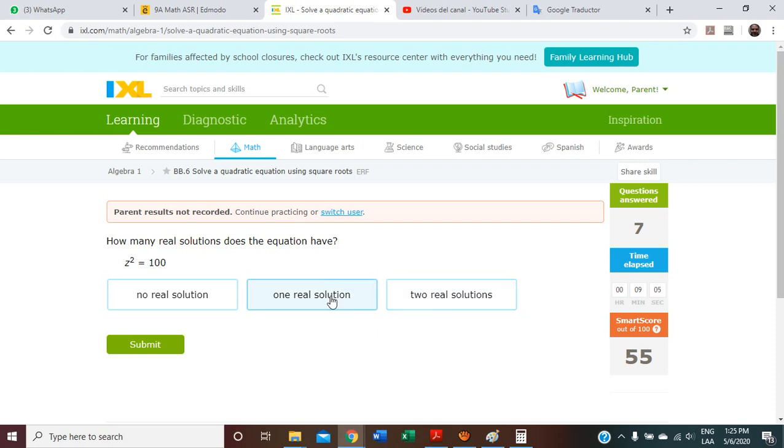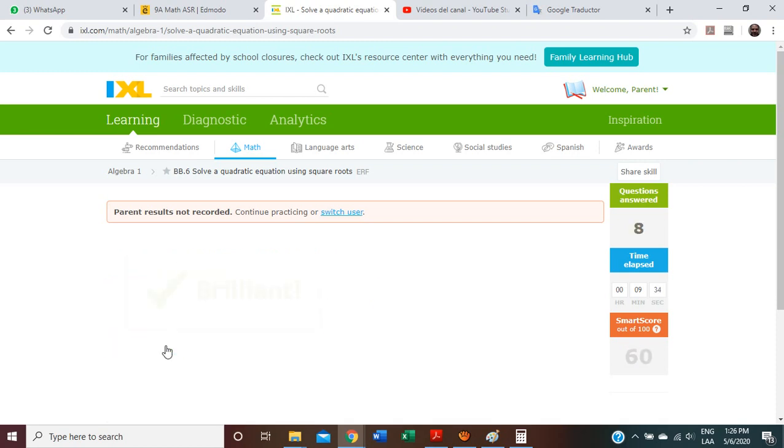Remember, if this number is positive, it has two real solutions, which are 10 and negative 10. If it were a 0, there would be only one real solution. If it were negative, negative numbers don't have square roots, so it would be no real solution. In this case, it's two real solutions because it's positive.